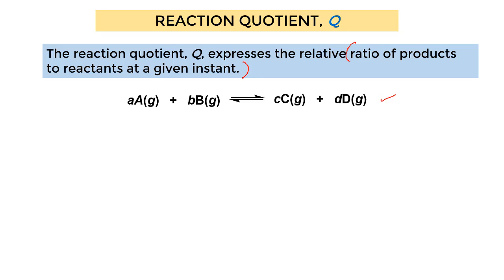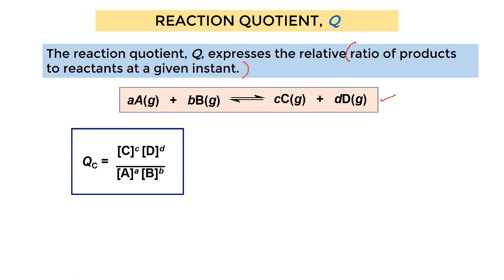So from the general equation, this is Q expression, or specifically saya gunakan Qc lah. Maksudnya katakanlah saya ada maklumat tentang concentration, so I can write the Qc expression for the reaction.